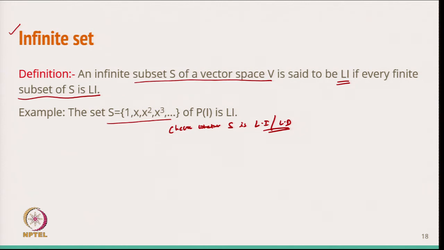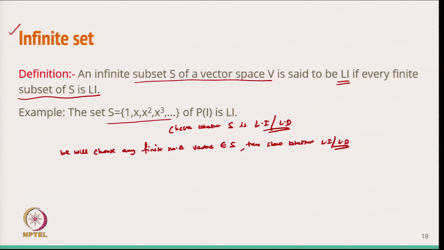So, for this one what we are going to do is choose any finite number of vectors belonging to S and then show whether it is Li or Ld.